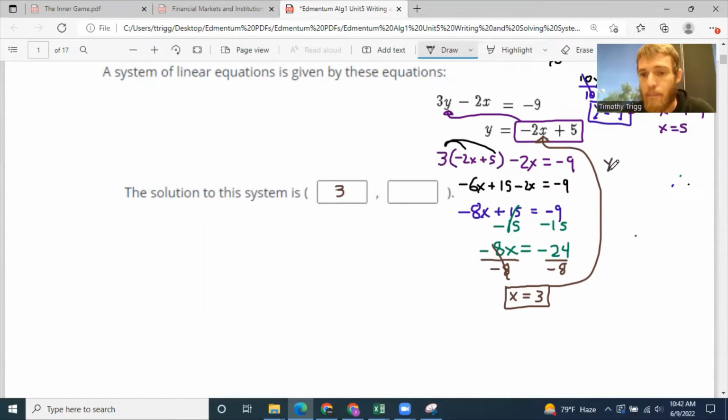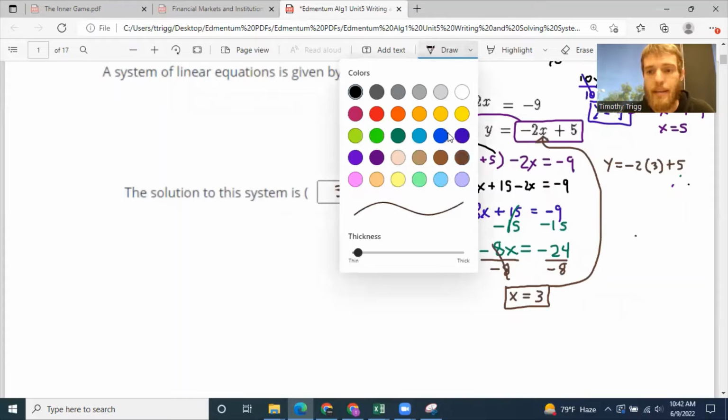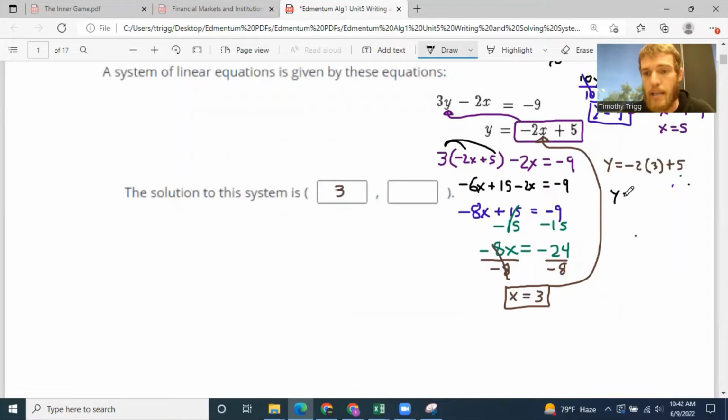It'll be y equals -2 times 3 plus 5. What's -2 times 3? Well, that's -6. So y is -6 plus 5, giving us that y equals -1.